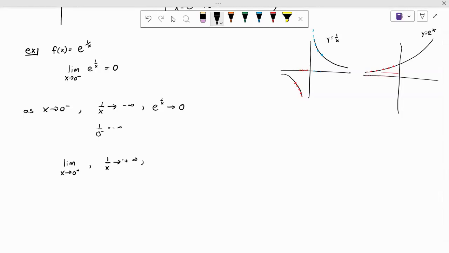And this 1 over x is just the argument of our exponential function. So as the argument goes to positive infinity, our exponential function blows up to positive infinity.